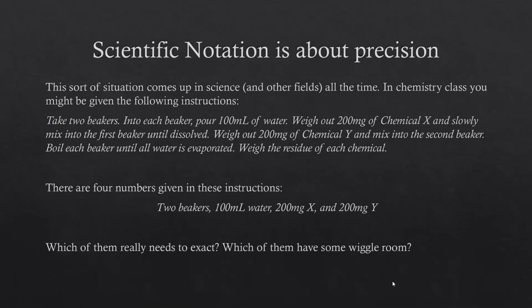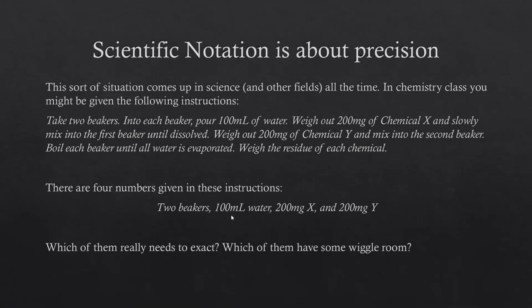So Sabir says the beaker should be exact. So that's probably true. If it says to go and get 2 beakers, it would be very strange for you to come back with 5 beakers, and it would also be very annoying if you only came back with 1. I suppose you could come back with 50 beakers, but you're only going to use 2 of them anyway, so it's a little bit of a moot point.